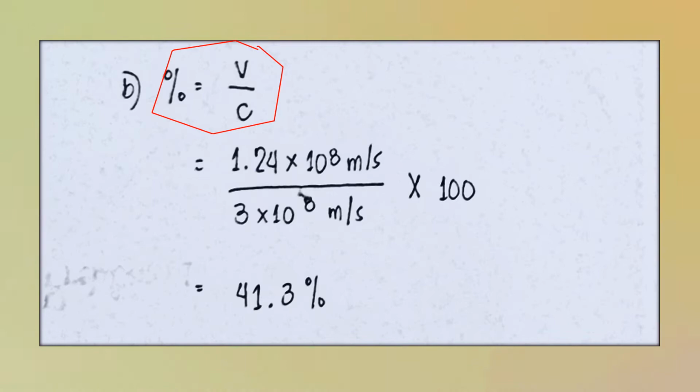And of course, we need to express it in percent, so we have to multiply it by 100. So we got 41.3%. I repeat, the speed of light in diamond is 1.24 times 10 raised to 8 meters per second, and the percent of this of the speed of light in vacuum is 41.3%.